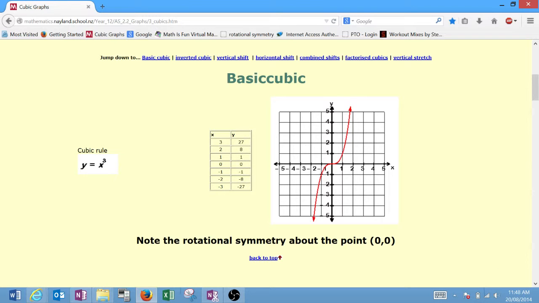So could you just do a quick sketch of that? Because everything from now on is going to be in comparison to that. We don't have to write it every time. So you just do a quick sketch of what it looks like. It's in that direction. What point does it go through? 0, 0, okay?